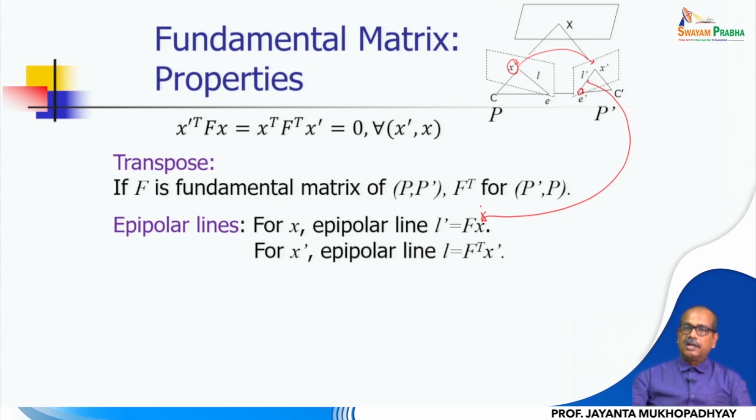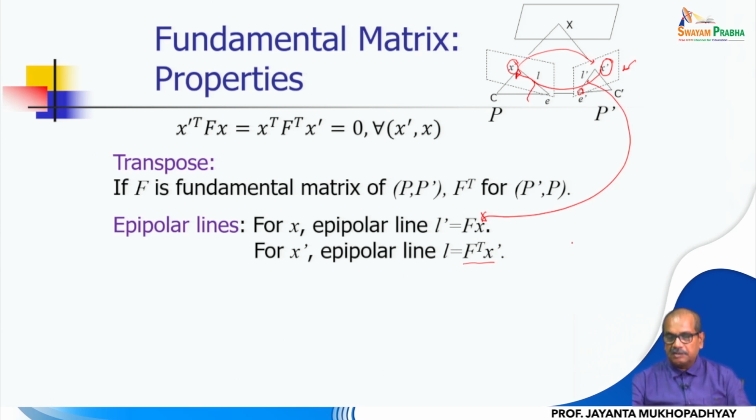You should note that all are in the projective space, using the homogeneous coordinate system. The same relationship also holds from the other point of view. If this is the reference camera and this point has the corresponding point x, its epipolar line L, on which the corresponding point lies, is given by F transpose x prime.